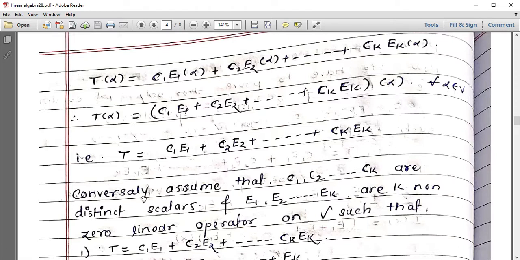Conversely, assume that C1, C2, up to Ck are distinct scalars, not yet known to be eigenvalues. We have to prove that these are the eigenvalues.